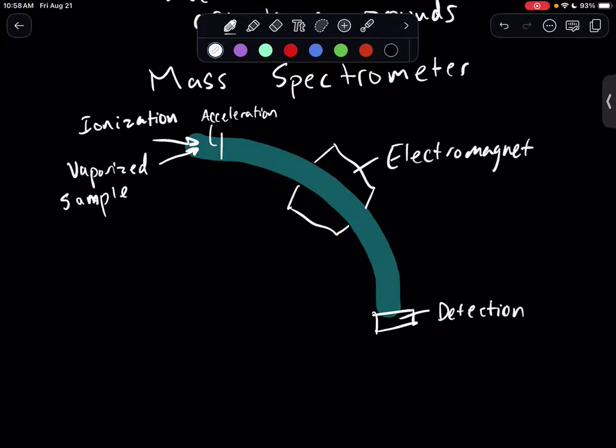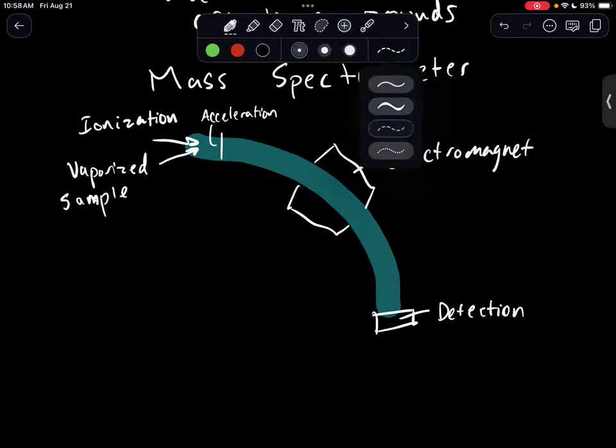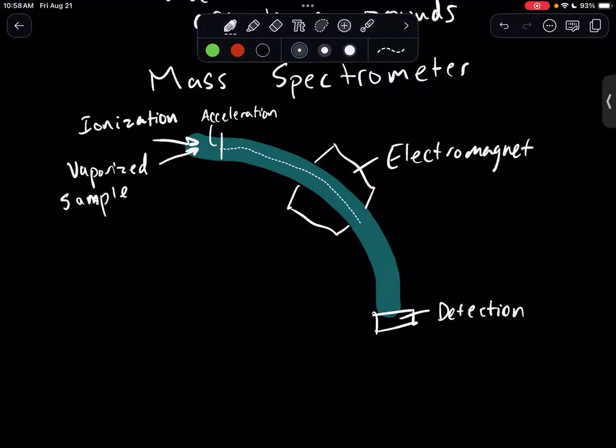And what happens is, based on the mass of the sample, that sample will either deflect more or less than another sample. So if we look at its pathway, it'll curve around, and based on the mass, it may deflect more if it's lighter or less if it's heavier.